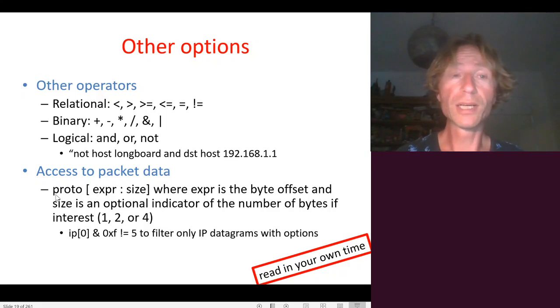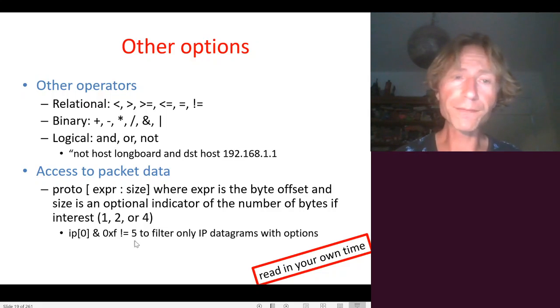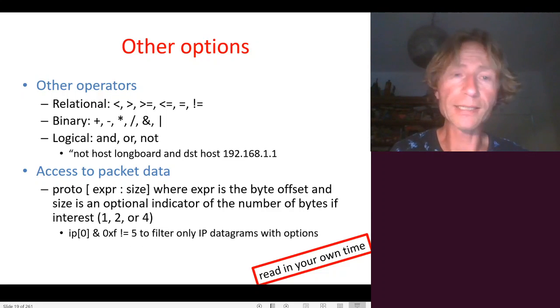For instance, for a protocol, you can have an expression for a particular byte offset. For instance, ip[0] AND 0xF, and if that is not equal to 5, it basically means that your packet is a packet with options.